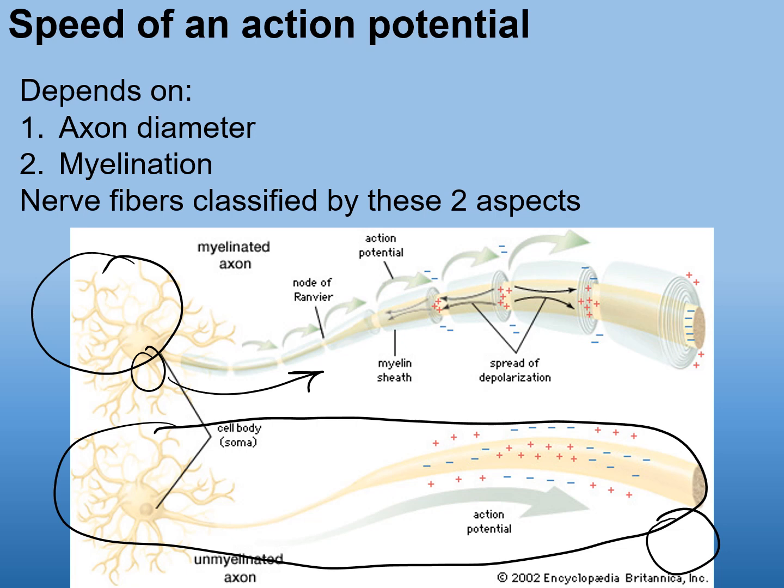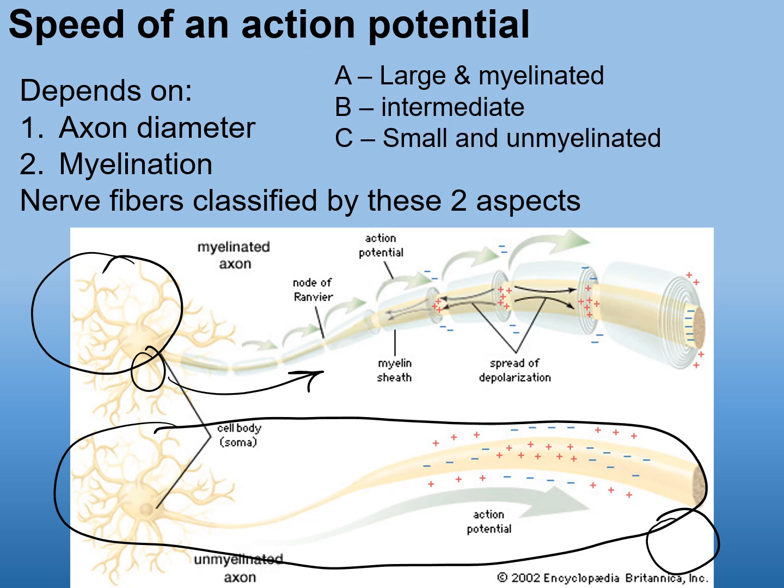Let's think of your brachial nerve in your arm compared to your sciatic nerve in your leg. We classify those nerve fibers by these two aspects. The sciatic nerve has a big diameter and lots of myelination. Your brachial nerve doesn't have much of a diameter, but it is myelinated. Neurons in your brain have a very, very thin diameter and are not myelinated. So we classify these into A, B, and C, and you can see the delineations here.